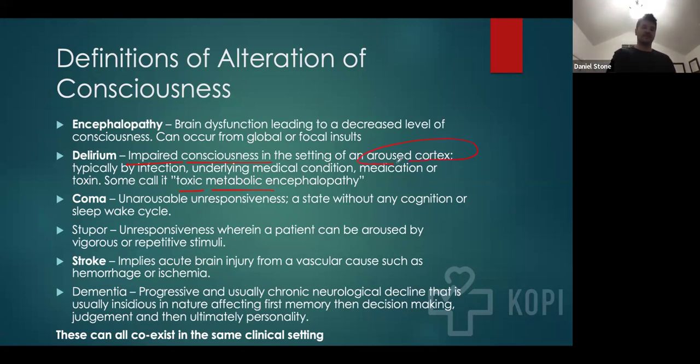So basically, that means that somebody has encephalopathy, but they don't necessarily have any depression of their cortical higher functioning, meaning that they're disoriented and they're inattentive, but they don't have any other focal findings that are acute. This means that they usually have some underlying infection or medical condition, medication or toxin in their system that's contributing to this condition. Delirium is a very specific type of encephalopathy.